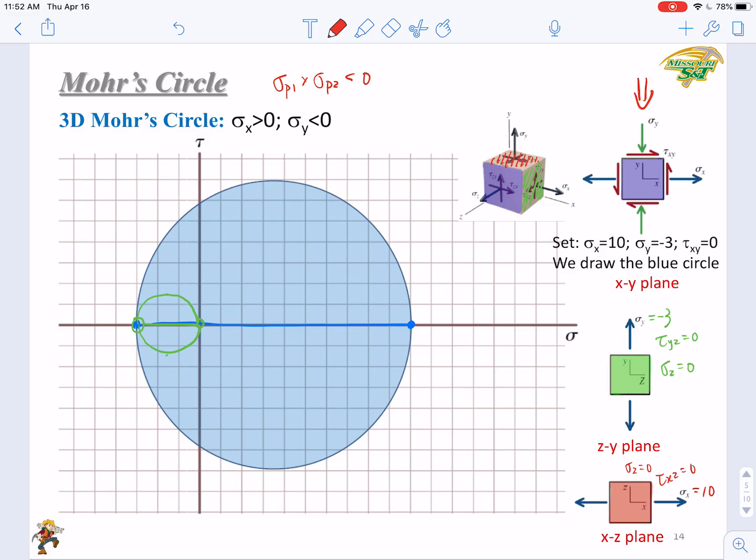Find the first normal stress, 10 here, and the second normal stress, 0 here. Then the other 2 points will be 10, 0, and 0, 0. Connect them together, you get the diameter, then you can draw the Mohr circle.